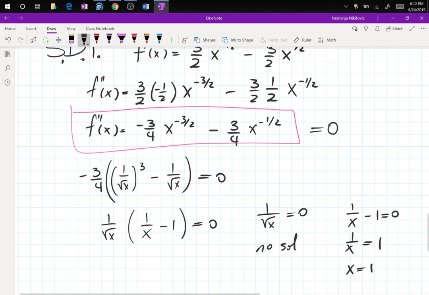Now that makes no sense. Can you go back to when you pulled out the 1 over root x? I can. You divide by 3/4, so then you have 1 over root x cubed minus 1 over root x. So you pull the 1 over root x out.